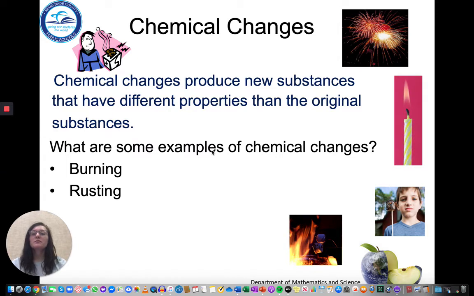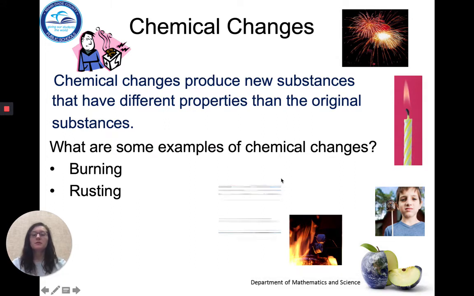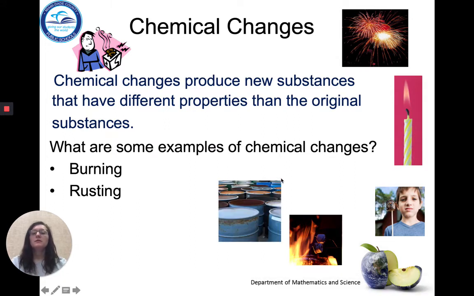Rusting is when water sits on that metal and then it starts to decompose and it starts to give you that rusty burnt orange color. So here's an example. In this picture of rusting, we see inside these containers that have been left outside that they have changed color.